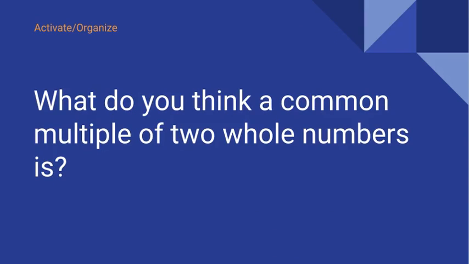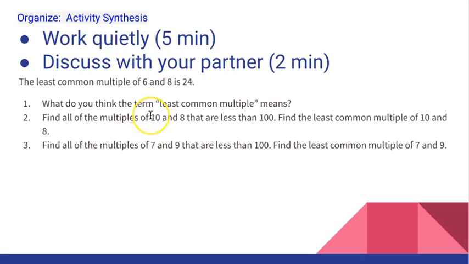All right, let's talk about least common multiple. So what do you think a common multiple of 2 whole numbers is? Yeah, we just talked about it, right? It's a number that 2 different numbers can make. So if we look at this one here, we have the least common multiple of 6 and 8 is 24. Why? What does that mean?